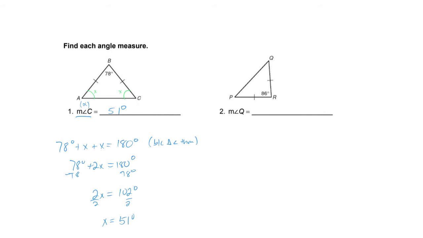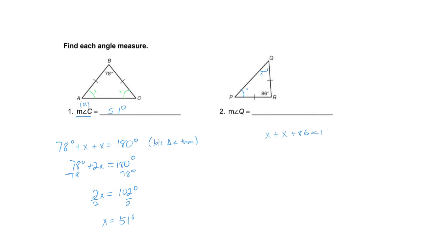For number 2, we're given again the two congruent sides, so we use the isosceles triangle theorem, that the two opposite angles are congruent. We can call them x.